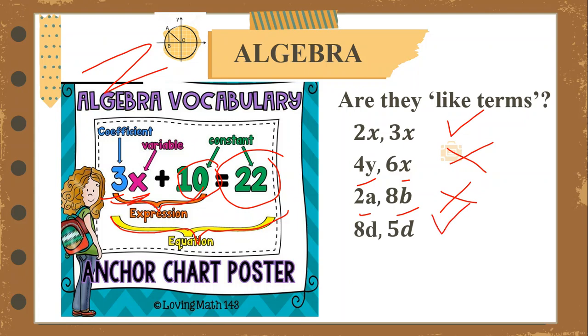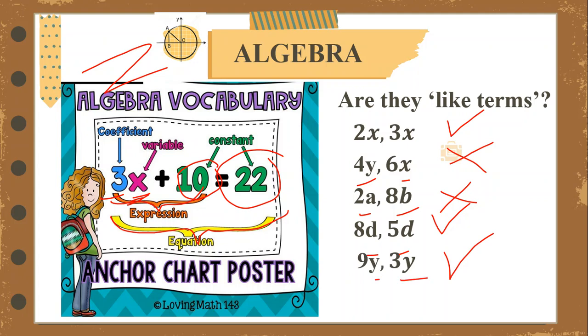Yes, because they have the same variable, D. Lastly, 9y and 3y, they are like terms because they have the same variable y.